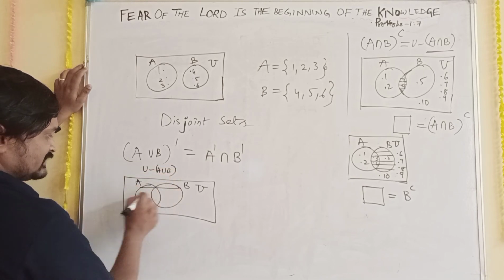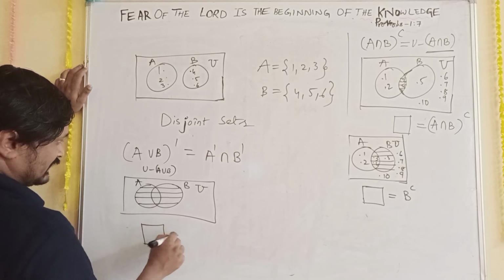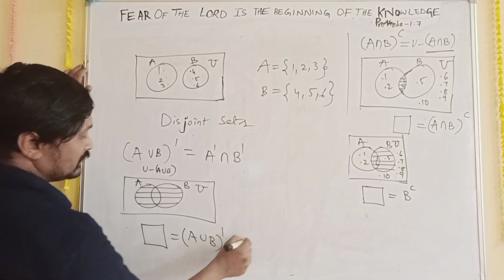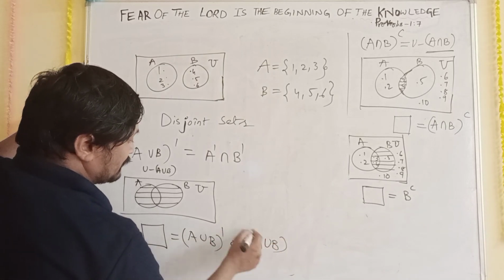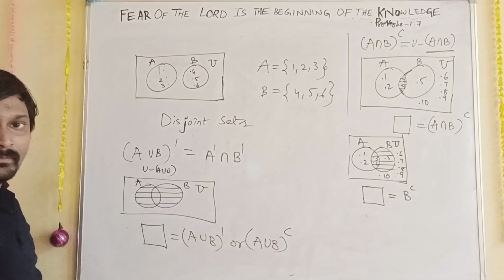When the total A union B is removed, whichever empty part you get is (A union B) whole dash, or (A union B) complement. This dash or C, whichever they give, is the complement only.